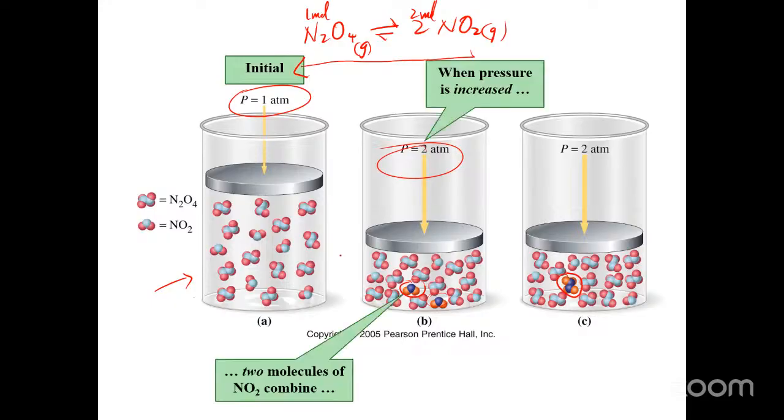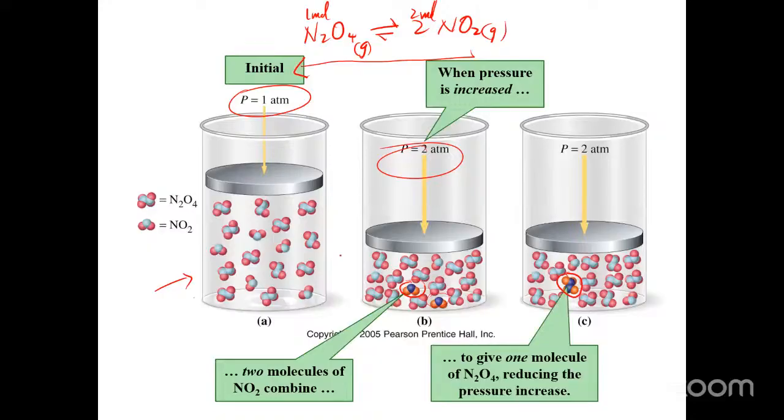So as stated here, 2 molecules of NO2 will combine to form a molecule of N2O4, and therefore the pressure would reduce after that. Okay, so that's just yet another example of Le Chatelier's principle being applied where you're changing the total pressure on the system.